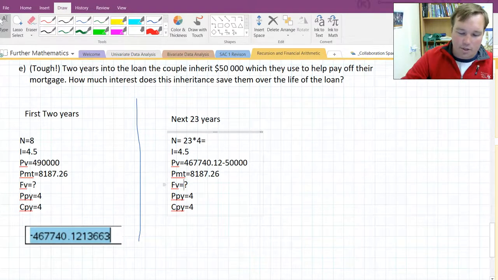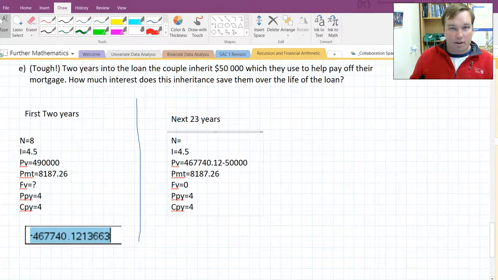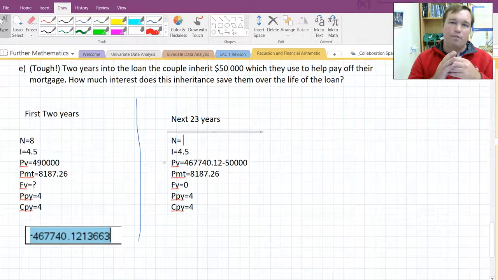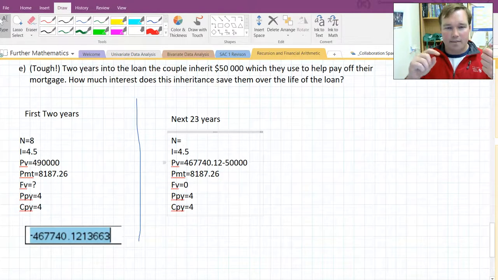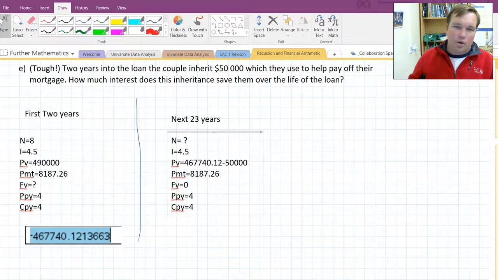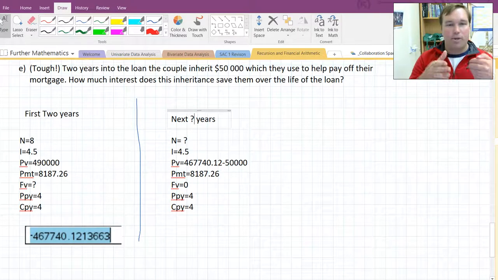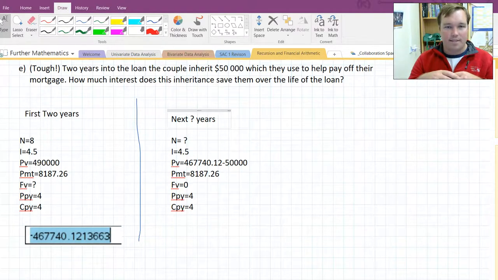Future value you now know is going to be 0. One error I've made here, which I realise, is originally it was going to take them 25 years to pay off their loan. However, now, because that $50,000 has been paid in earlier, we're not sure how long it's going to take them to pay it off. Because they paid that bulk earlier, it's not going to take a full 23 years to pay off, it'll take less. And this is what we're trying to figure out.